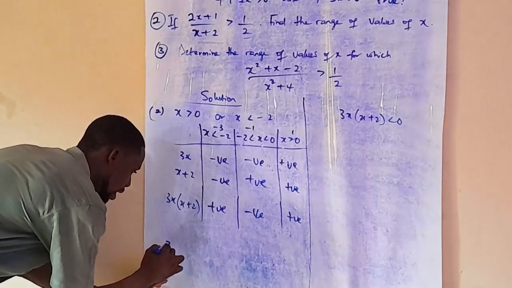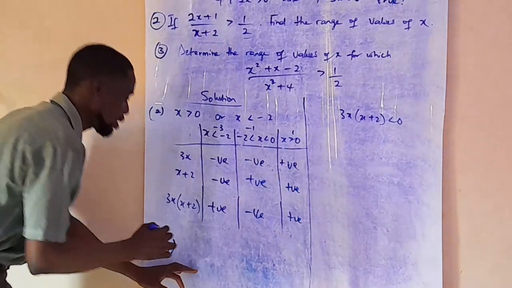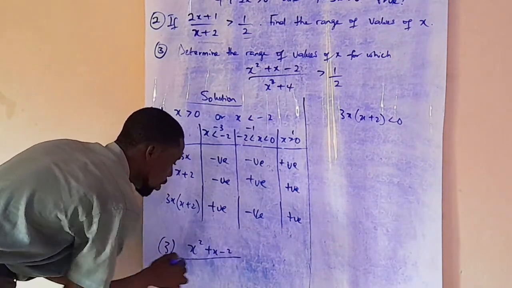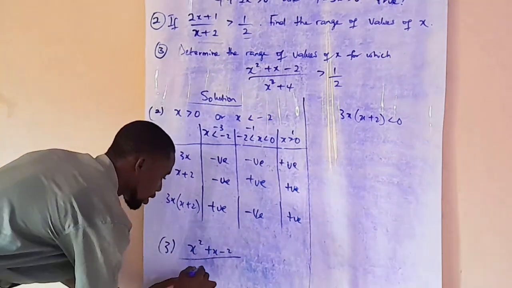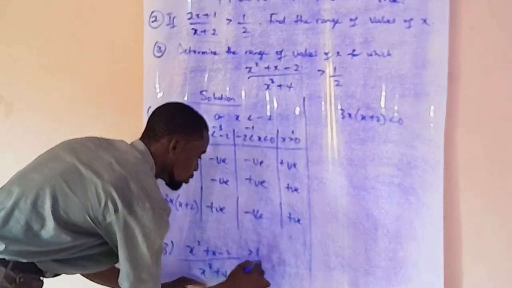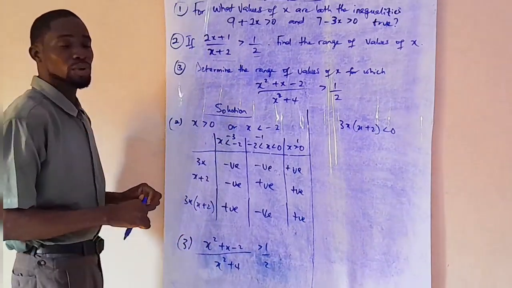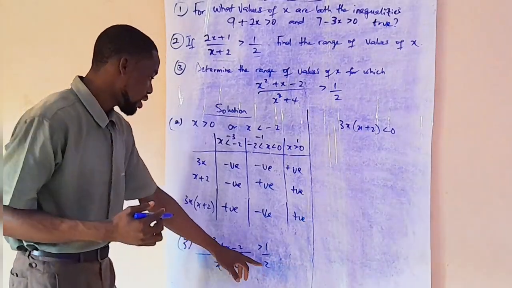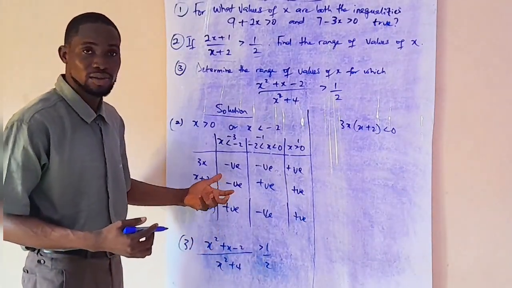Now, number 3 question, let's solve. We have x squared plus x minus 2 all over x squared plus 4 is greater than 1 over 2. Now, at this point, remember, this is a constant. So it means that I can multiply this directly, cross multiply.